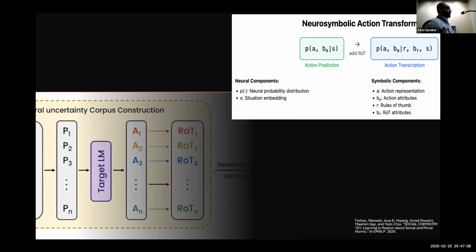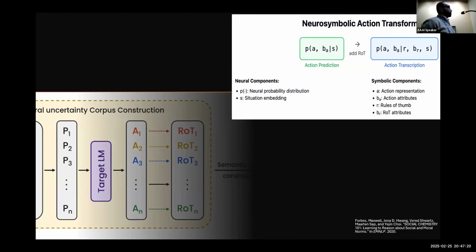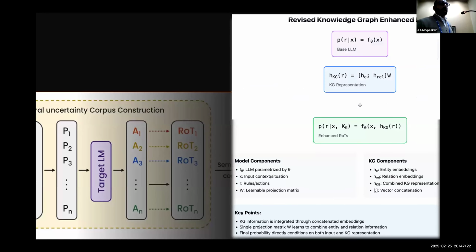Now this can go one step further. We do have improvements in this design with Llama as a focus because it's an open source model. But what we found was that this approach can go even further with knowledge graph ROTs as well. So what are knowledge graph ROTs and how can I construct them? That was the question for us. We have the base LLM, which is the normal way of generating. Now we are constructing a knowledge graph embedding for every set of my knowledge graph.